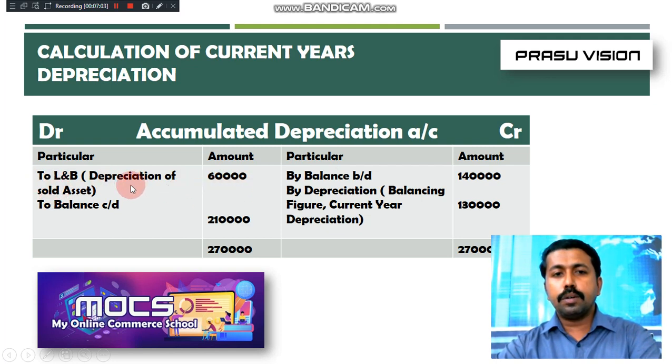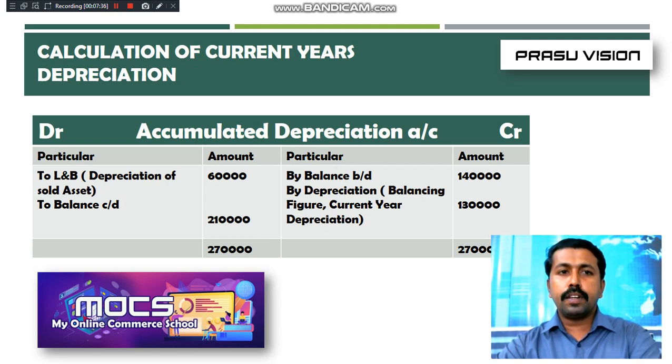Remember, 60,000 is the depreciation for the sold asset. It is debited. After entering these, the balancing figure is the actual amount of depreciation charged during the year, that is 1,30,000. This value 1,30,000 will be entered in the cash flow from operating activity, where it will be added to net profit before tax.